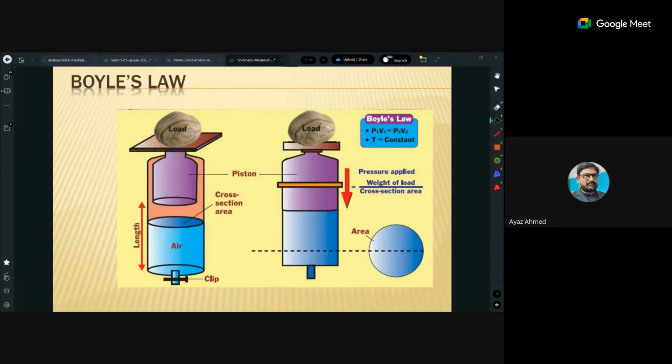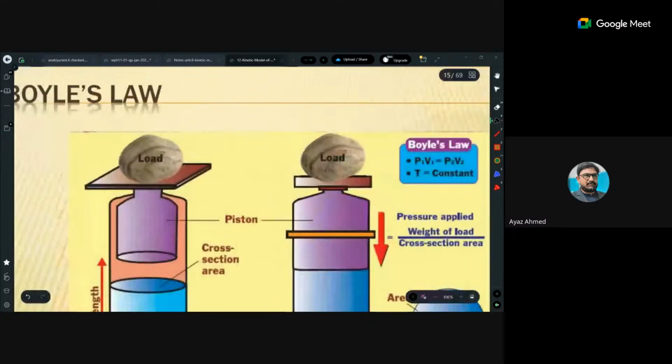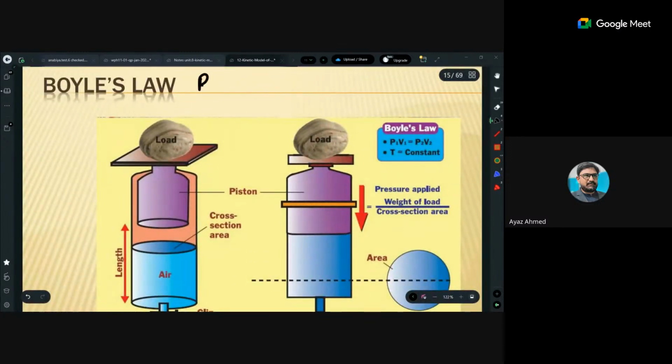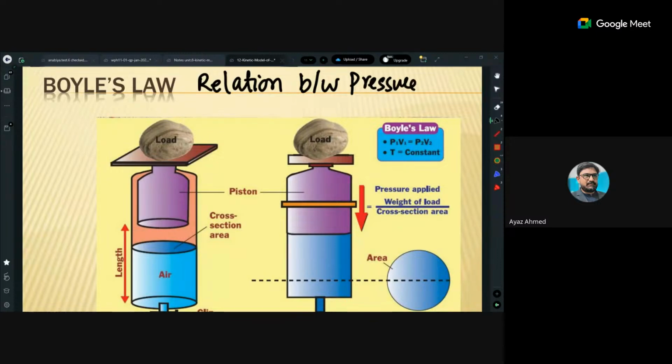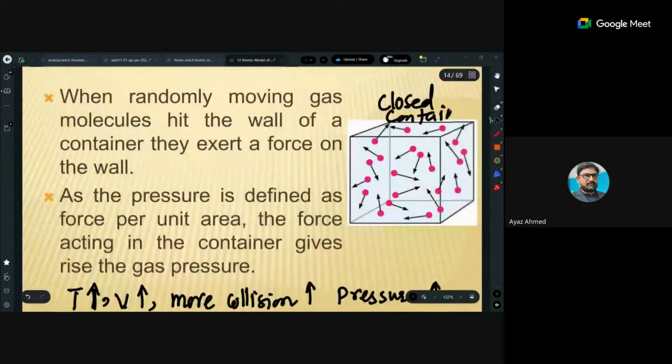This is the relation between pressure and volume. Got it? Pressure and volume.